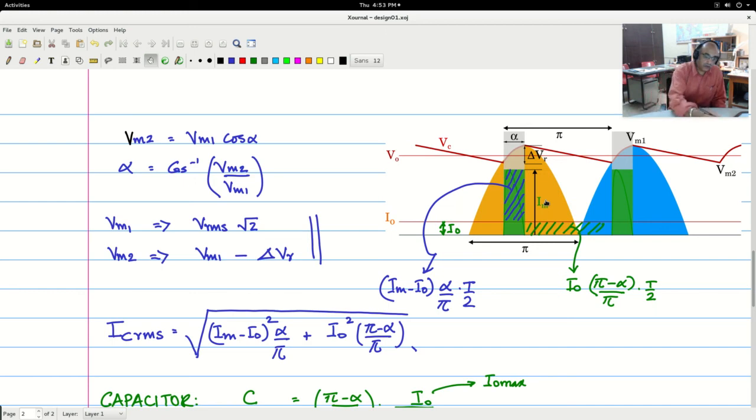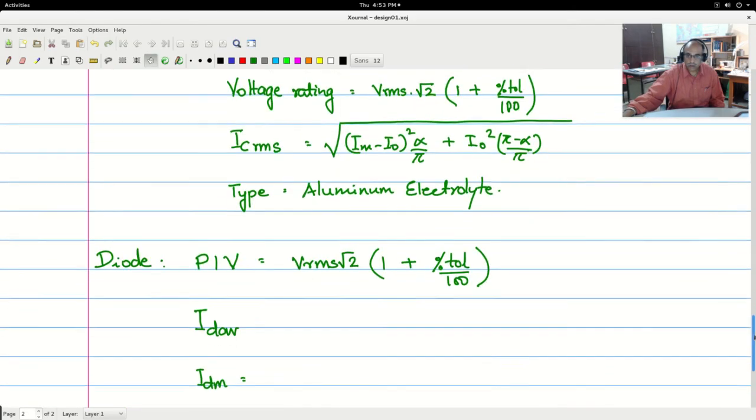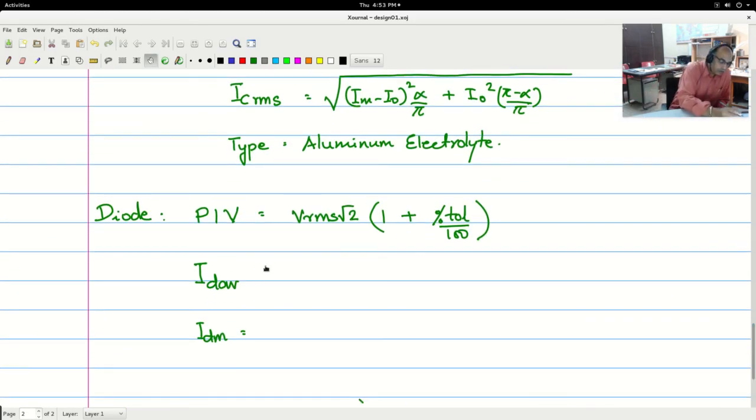So for the diode we can easily find the average in the following manner. Im alpha by 2 pi.